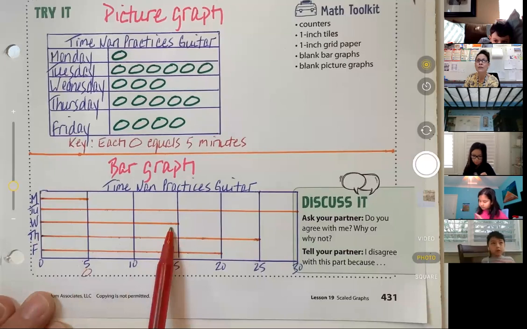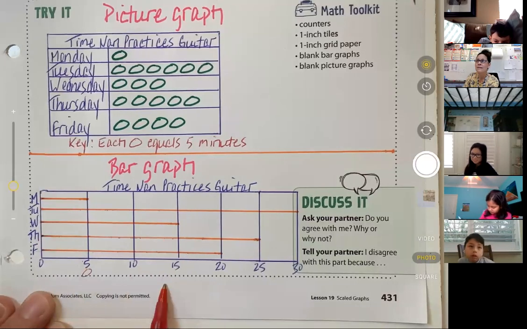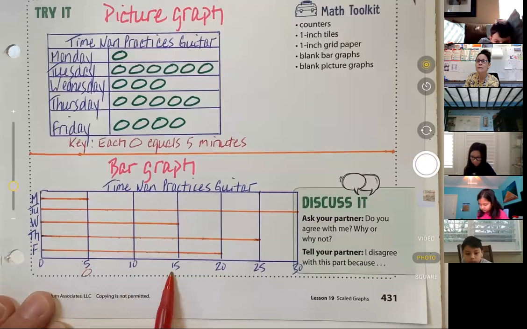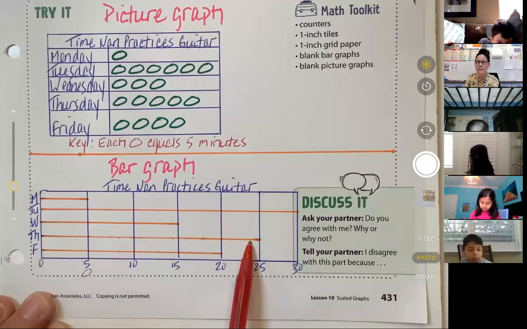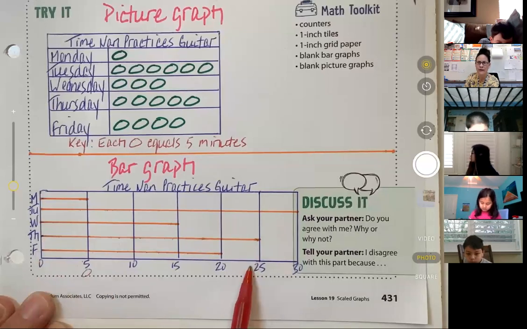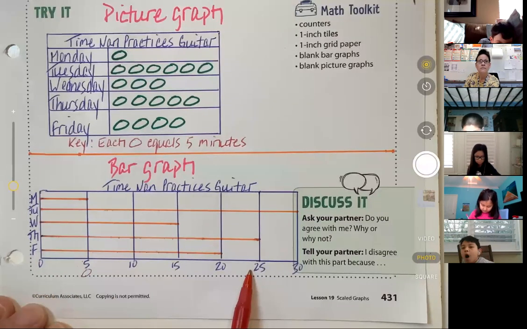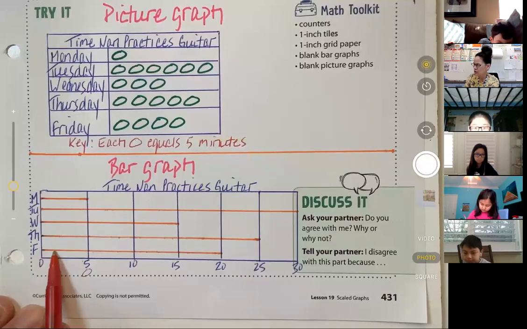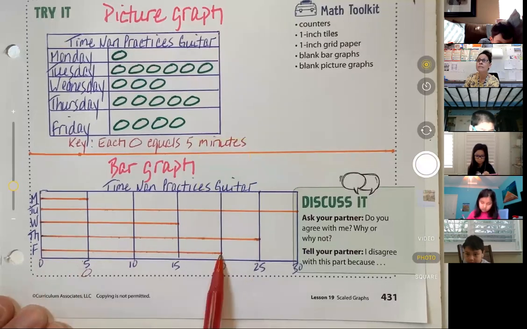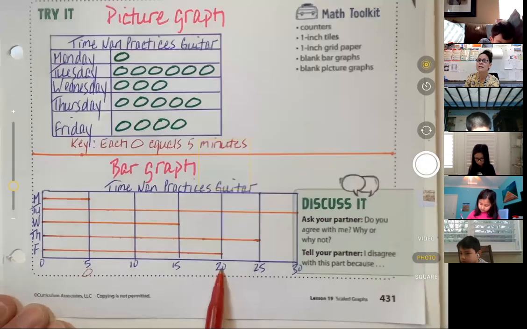Where does my bar go? To 15 minutes. And then on Thursday, according to Nan's notes, it was 25 minutes of practice. My bar goes to 25 minutes. And today, Friday, Nan says that she practiced 20 minutes. And so 20 minutes is where the bar stops.